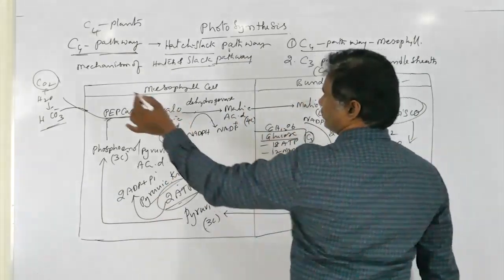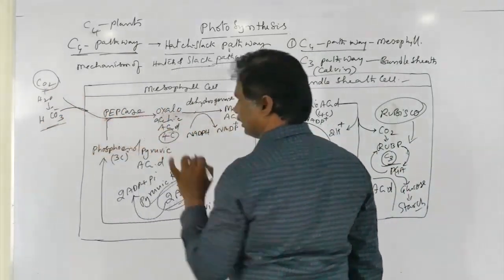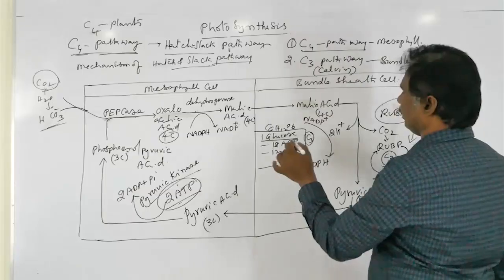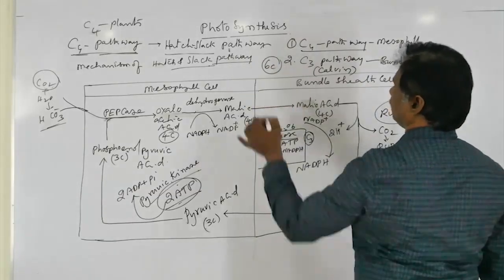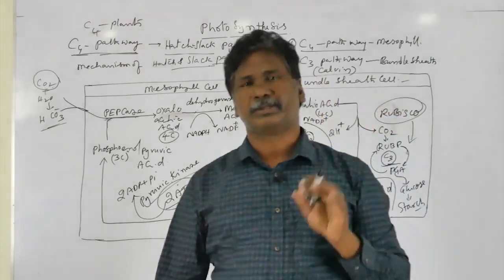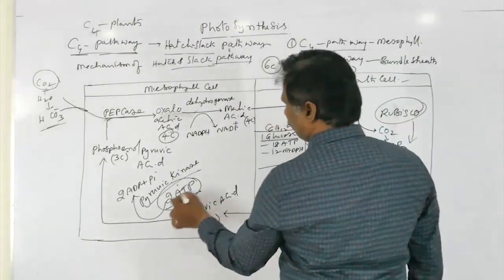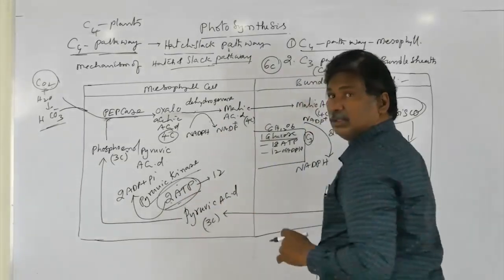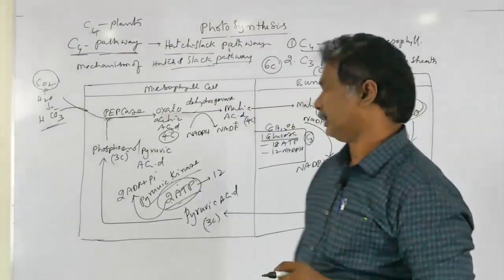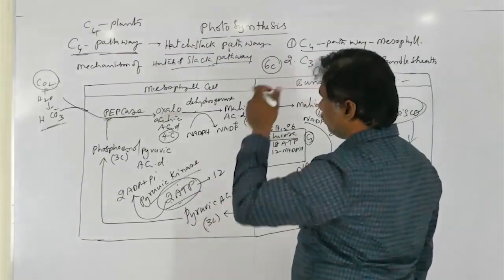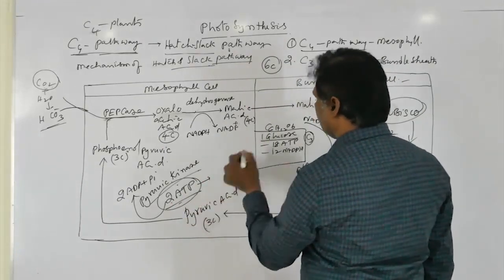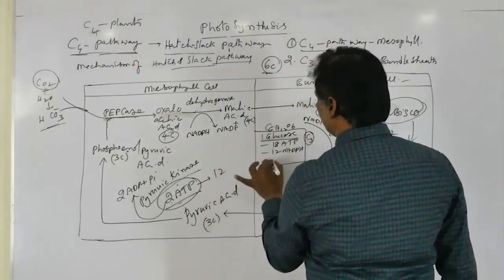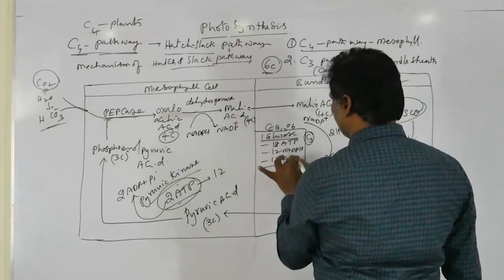For one carbon dioxide, if it undergoes the C4 pathway, an additional 2 ATP are required. But glucose has how many carbons? 6 carbons. So for one carbon 2 ATP, but glucose containing 6 carbons, that's why an additional 12 ATP are required.